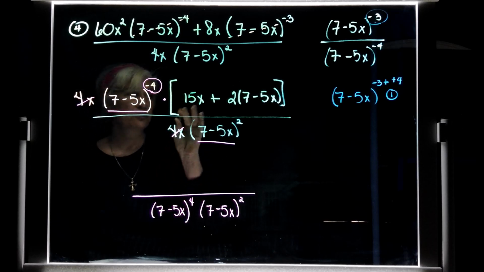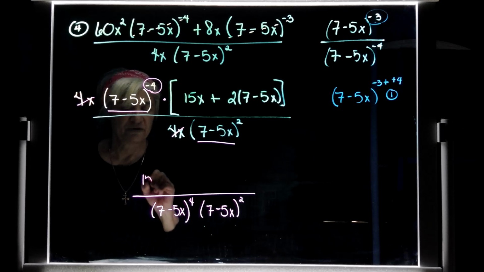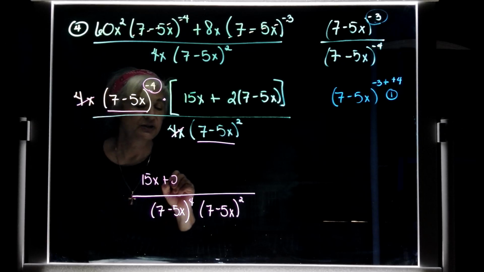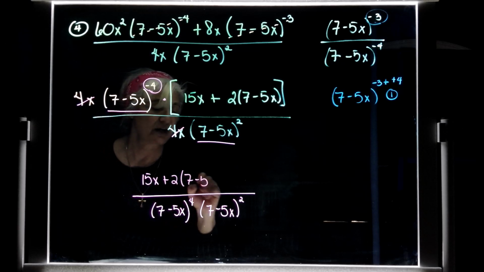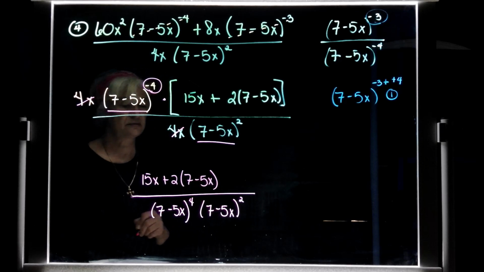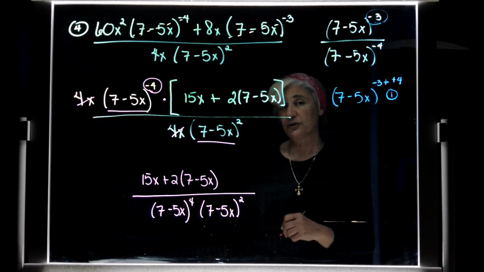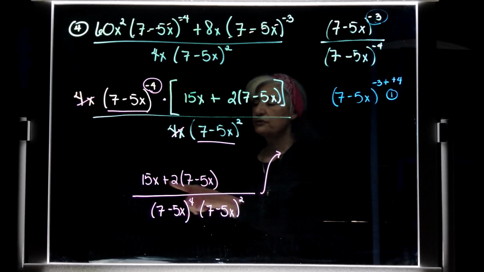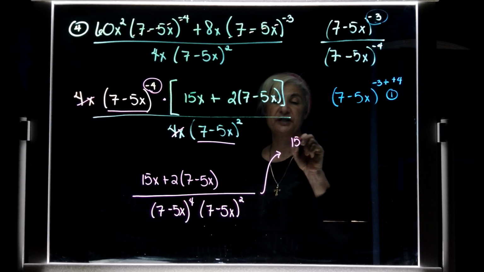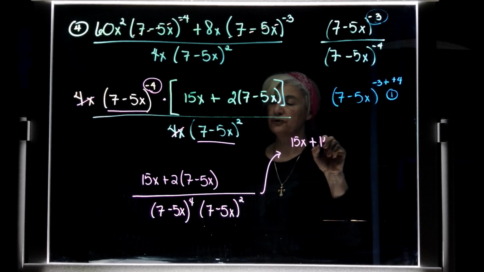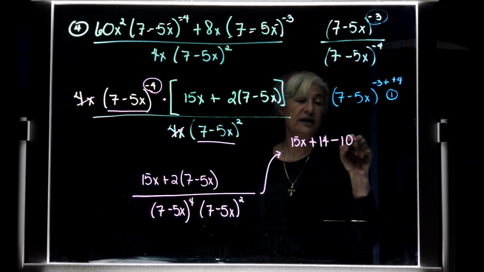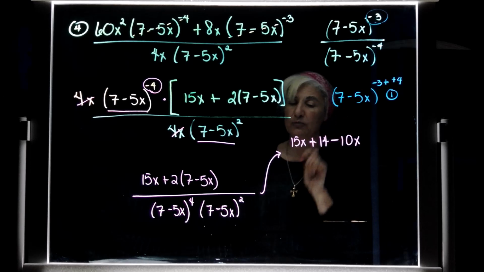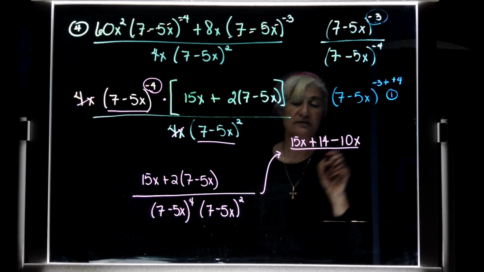Now, in the numerator, let's see what we have. We have 15x plus 2 times 7 minus 5x. Ready to simplify? More, I should say. So what do we have in the numerator? 15x plus 14 minus 10x. If you don't mind, I'm going to simplify this.